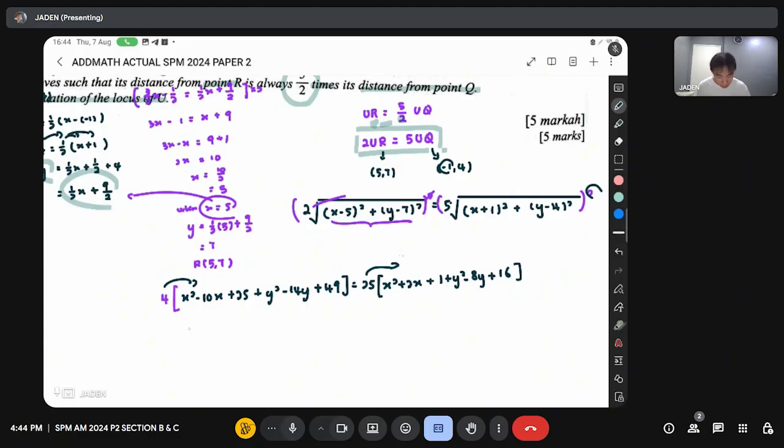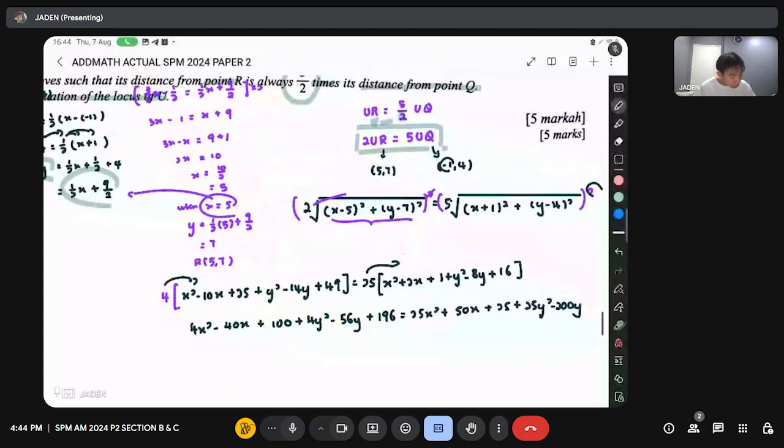Okay, and then you want to expand 4 and 25 into each of the element. You get 4x squared minus 40x plus 100 plus 4y squared minus 56y. 4 times 49 is 196 equal to, and then this is 25x squared plus 50x plus 25 plus 25y squared. 25 times negative 8y will give you negative 200y.